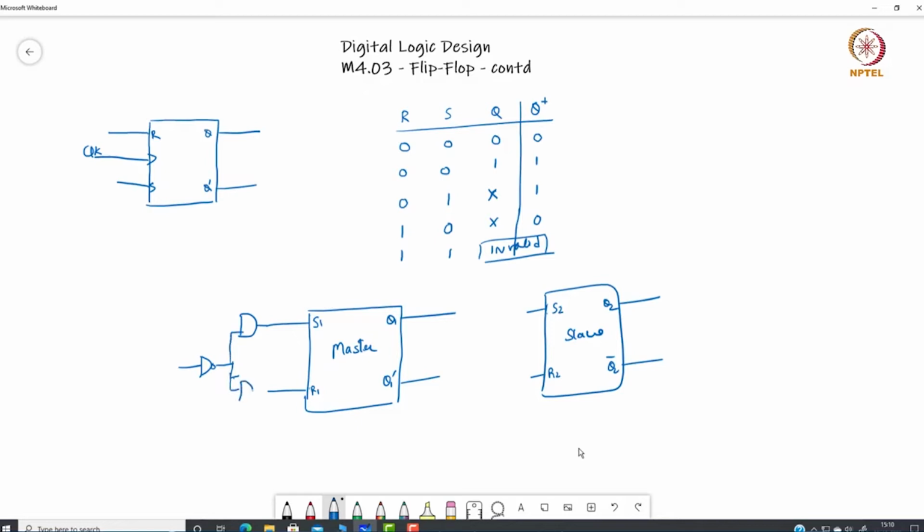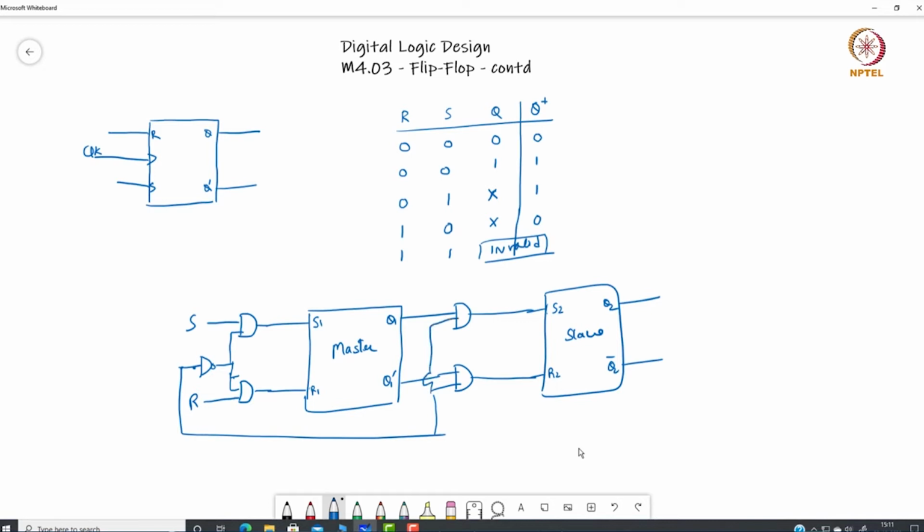The inverted clock is used as a gate to the master flip-flop. This is S and this is R. The output of the master latch is given as an input to the slave latch, and it is gated with the original clock, without inversion.